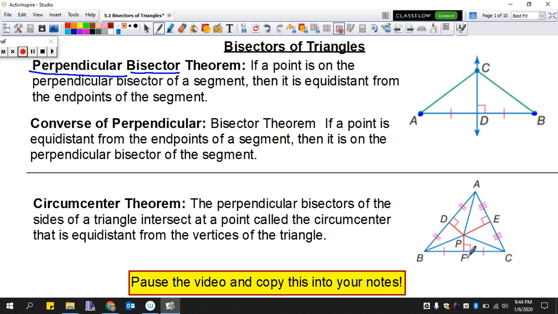Whenever you extend those, the point where they cross right here is called the circumcenter. That circumcenter is equidistant from all of the vertices of the triangle, because it is the one point that they have in common with all three of the perpendicular bisectors.